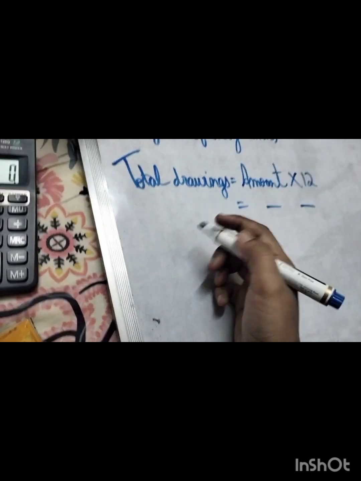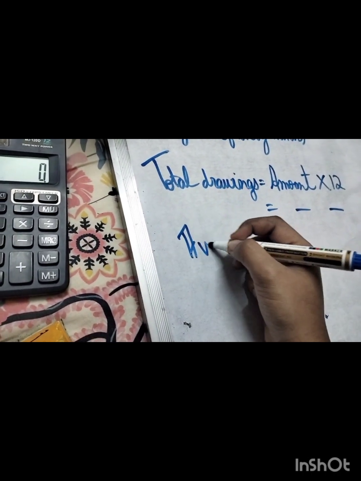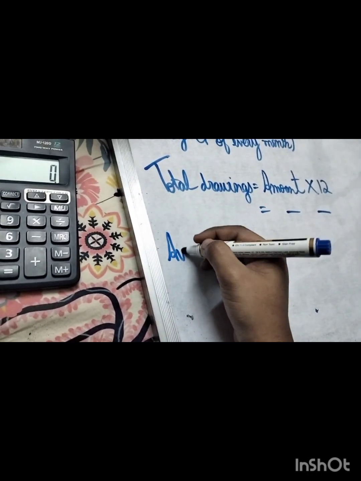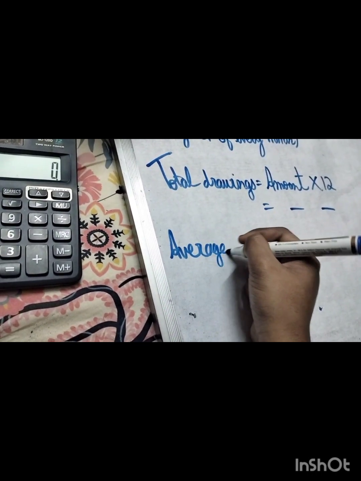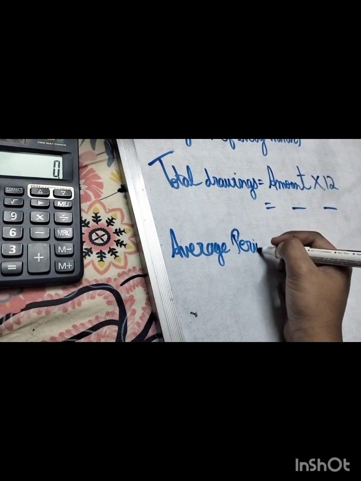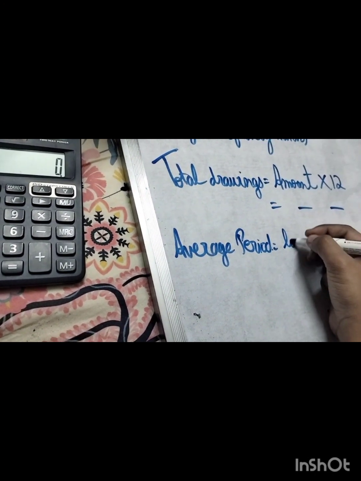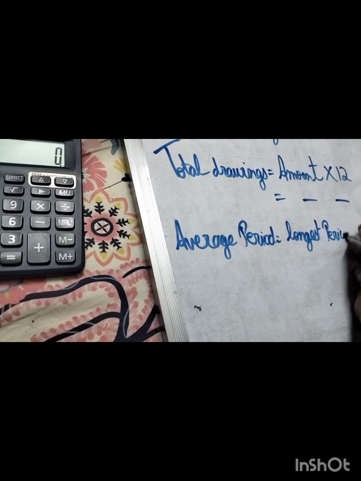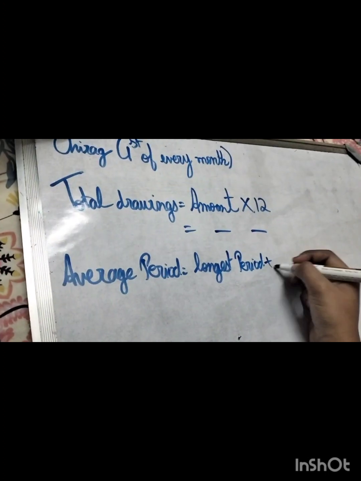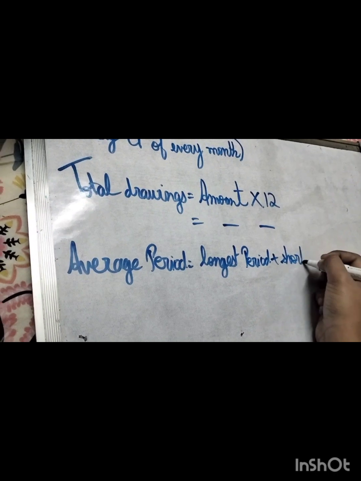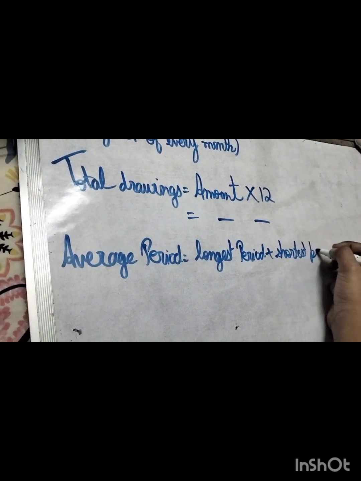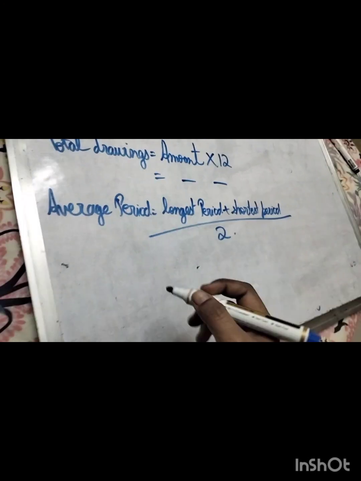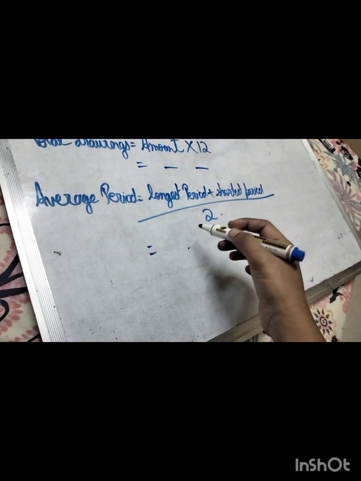Okay, next you write average period is equal to longest period plus shortest period divided by 2. Okay, and then you substitute the values.